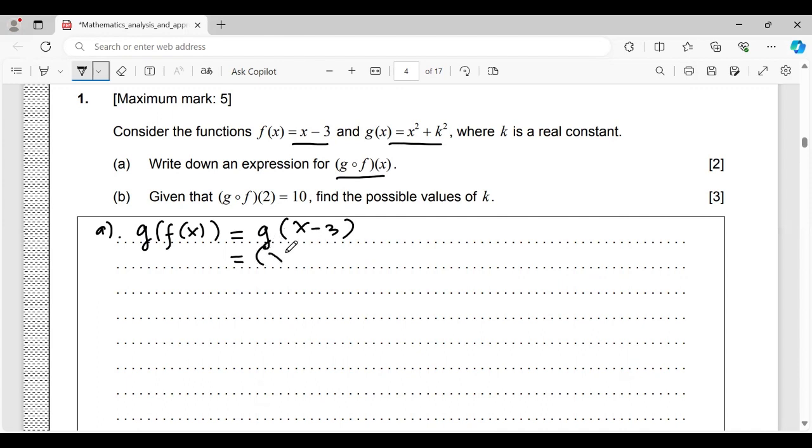So it becomes (x minus 3) squared plus k squared, which is x squared minus 6x plus 9 plus k squared.